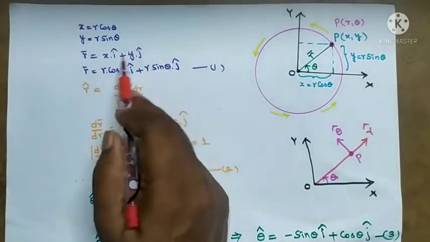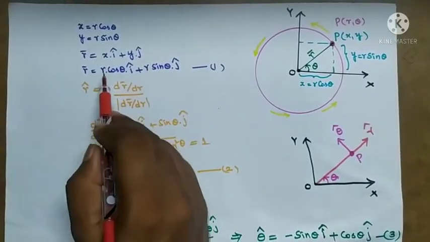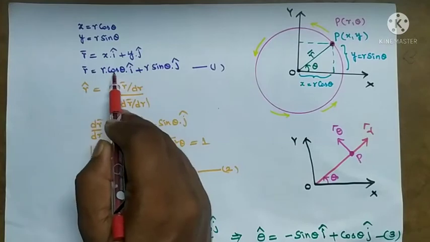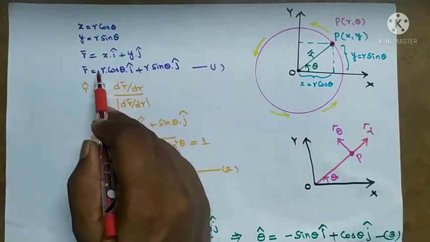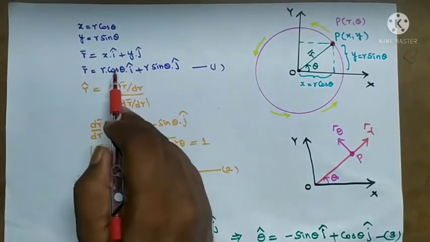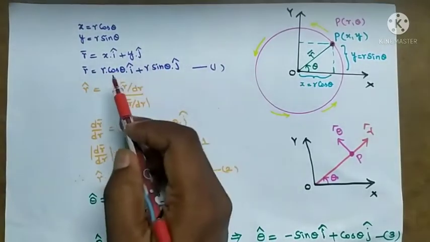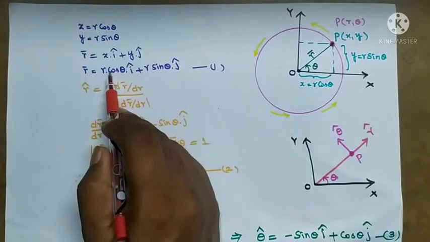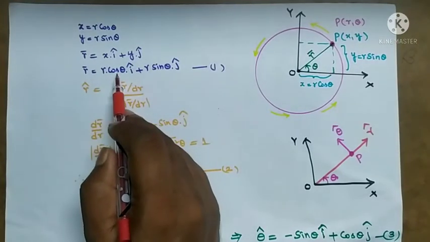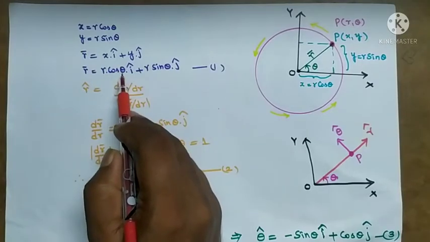If you differentiate equation number 1 with respect to r, this is r into cos theta, that is the UV method. If you differentiate with respect to r, cos theta is common and the differentiation of r is 1. Taking r as constant, the differentiation of cos theta with respect to r is 0.